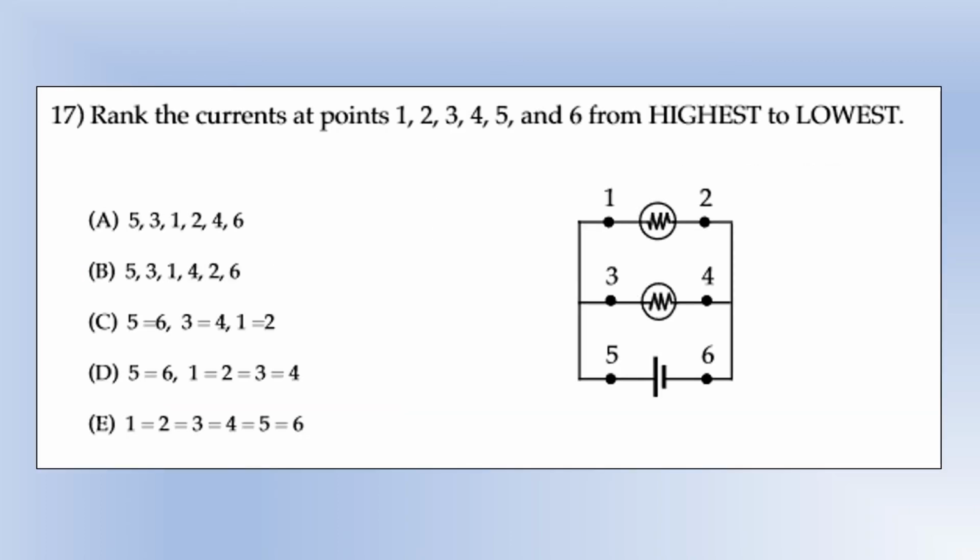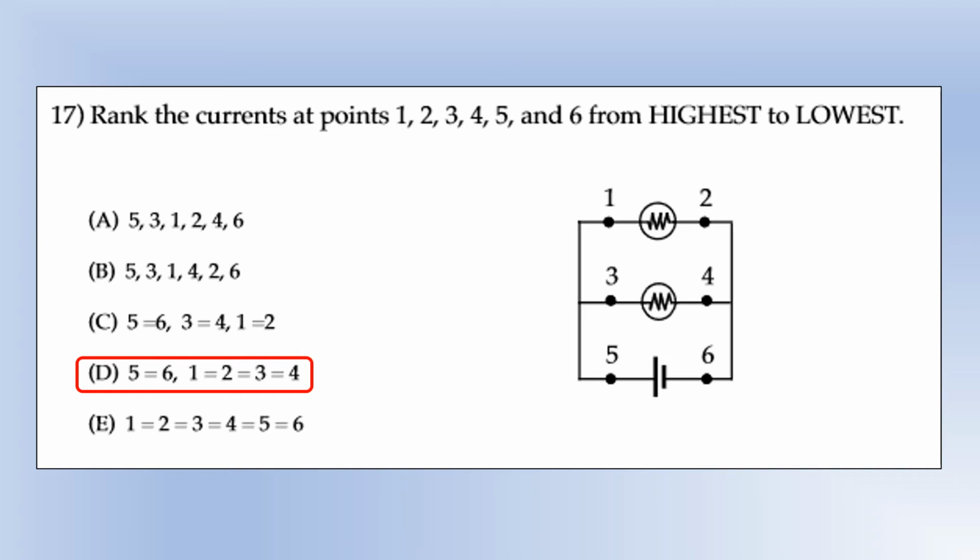So rank the currents at points 1, 2, 3, 4, 5, and 6 from highest to lowest. Have a look through the options, select your answer. Okay, so the correct answer is D. We can see that 5 is the current coming out of the battery, so that's going to be the largest current.